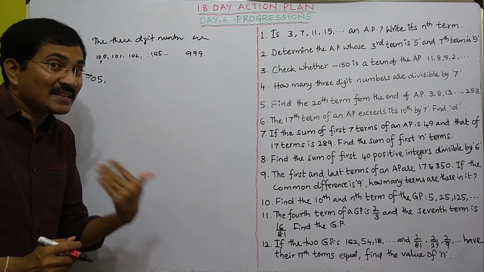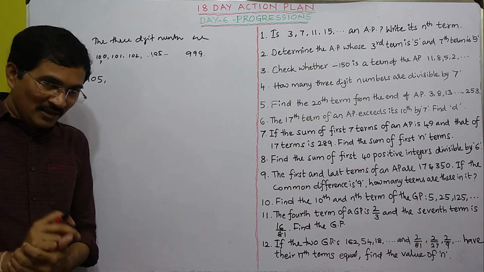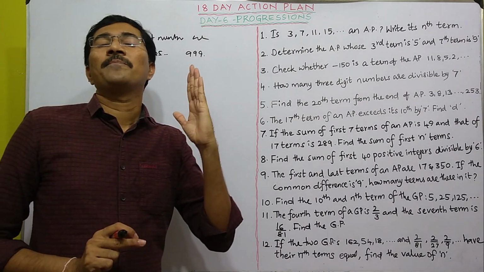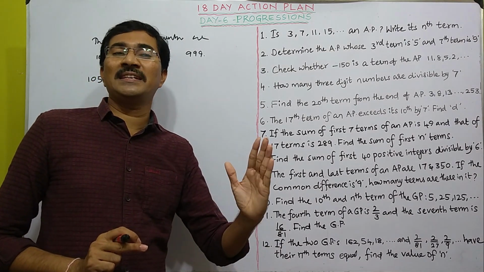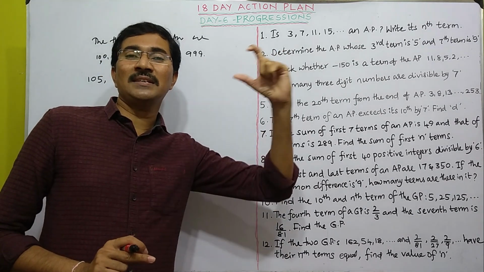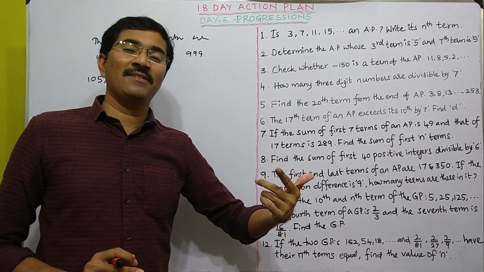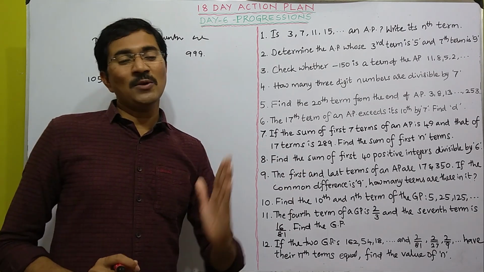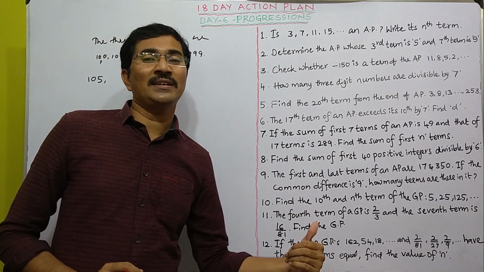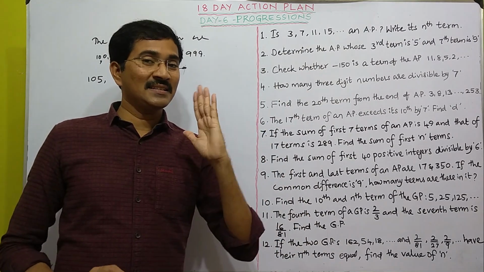Then what can be the next number? Can we guess? If you observe all the tables, you see 7 ones are 7, 7 twos are 14. So what is the difference between the first and second one? It is 7. 14 and 21, the difference is 7. If you take the 10th table, 10 ones are 10, 10 twos are 20. The difference between 20 and 10 is 10.